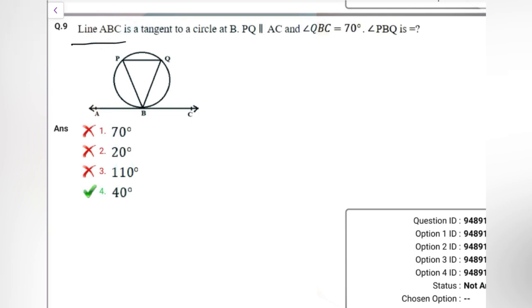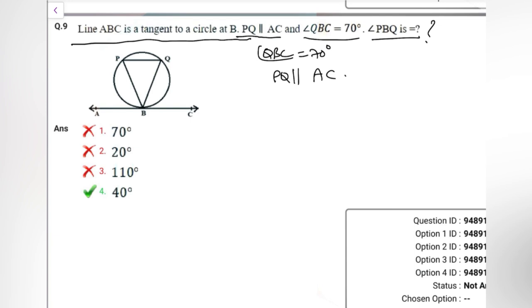Line ABC is a tangent to a circle at B. PQ is parallel to AC and angle QBC is 70 degrees. So angle PBQ is question mark. Given angle QBC is 70 degrees and PQ is parallel to AC and ABC is a tangent to a circle at B. Here QBC is 70 degrees.